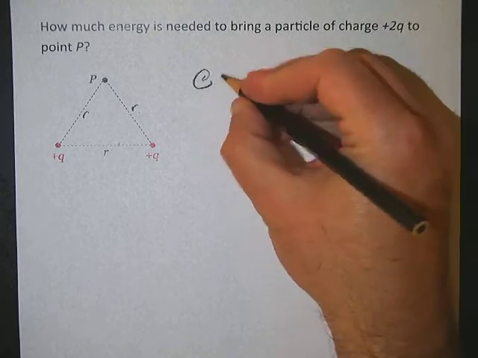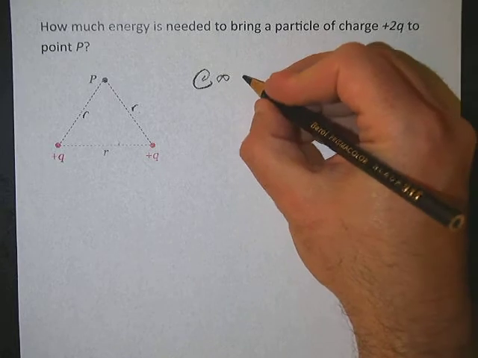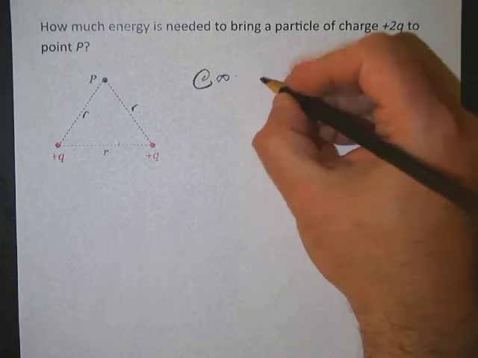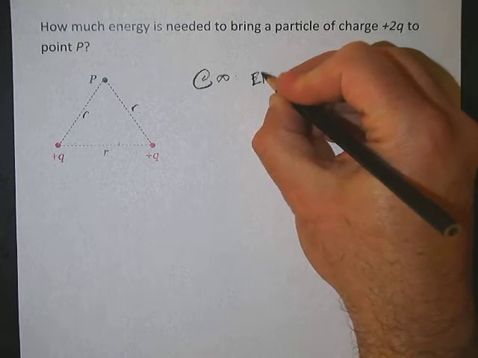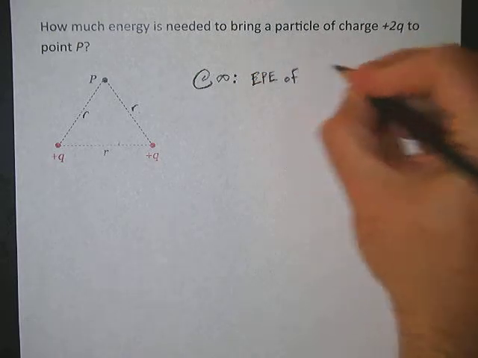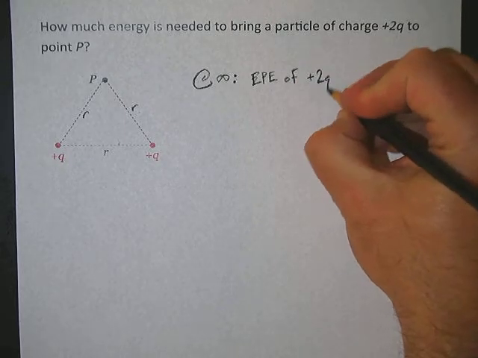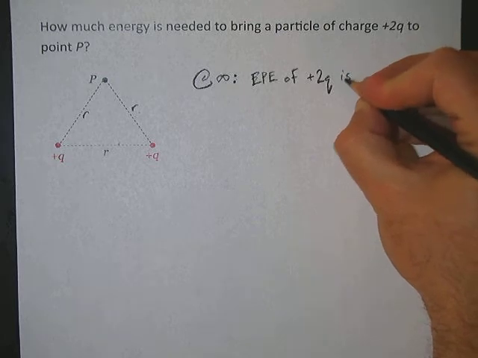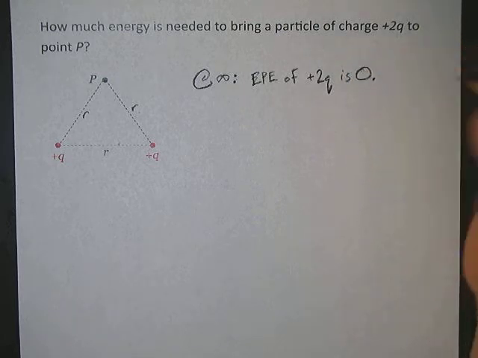So remember, at infinity, we've done no work. So the potential energy, the EPE of the plus 2q charge is 0.